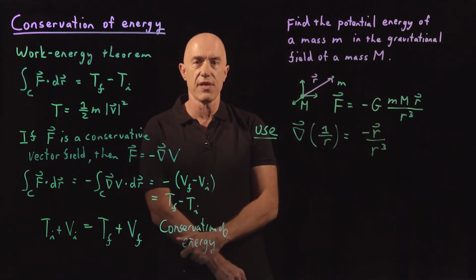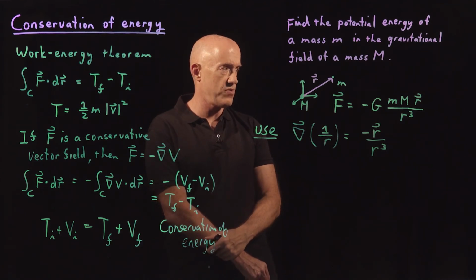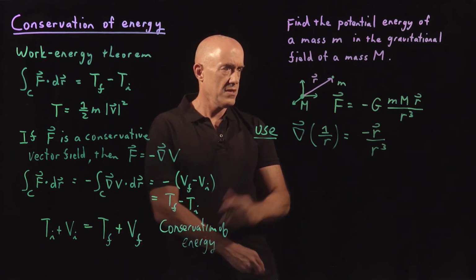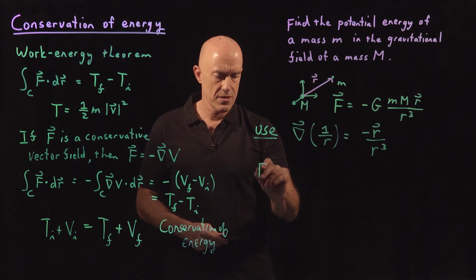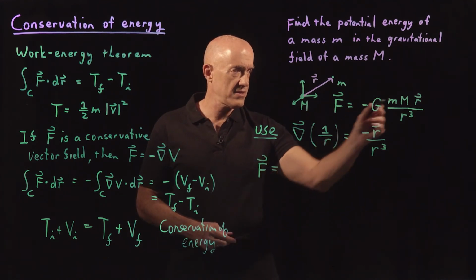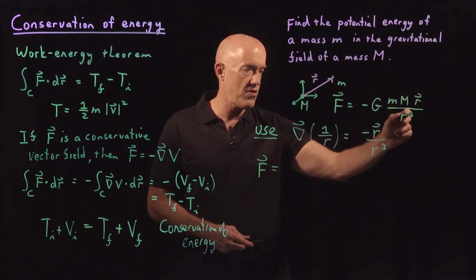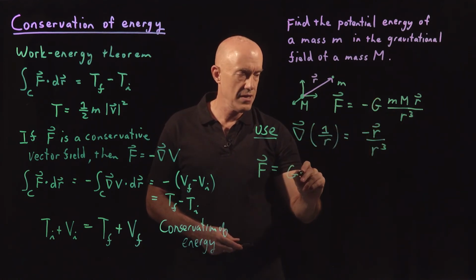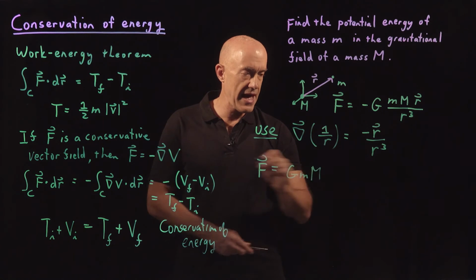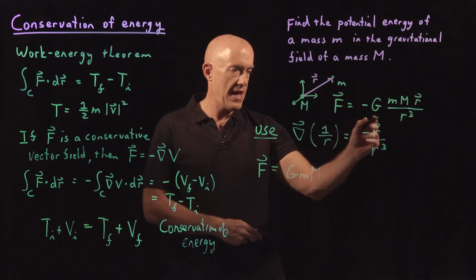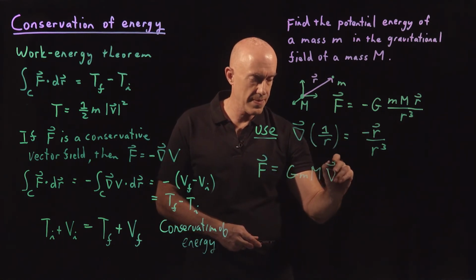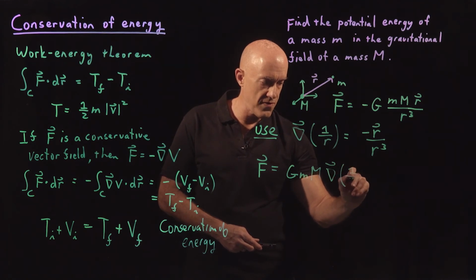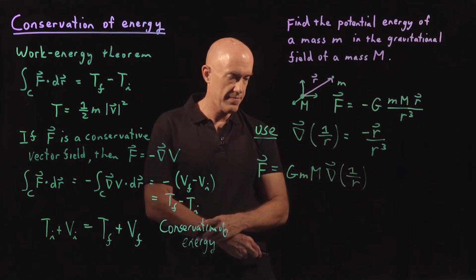So that was something that you should have done as a reading problem. So then this force we can write as, we have a negative r over r cubed, so we can write that as G, little m, big M, and then we have a gradient of 1 over r, right?